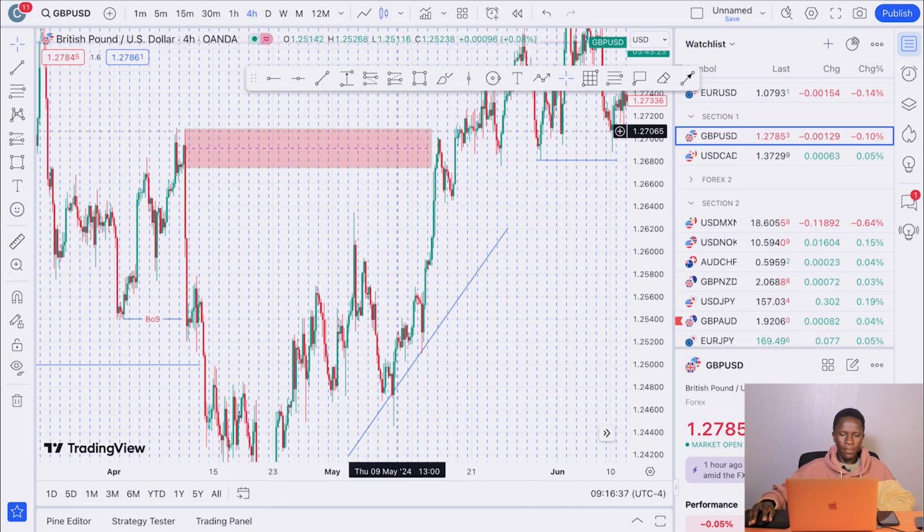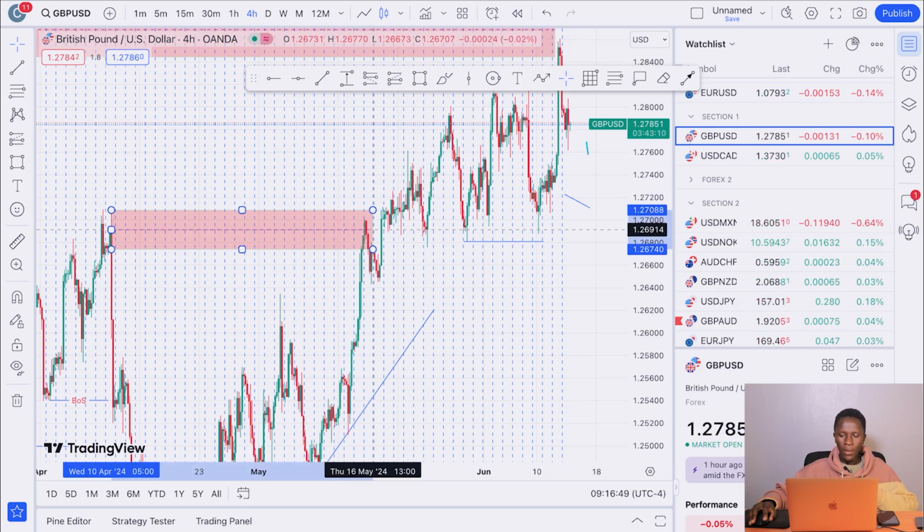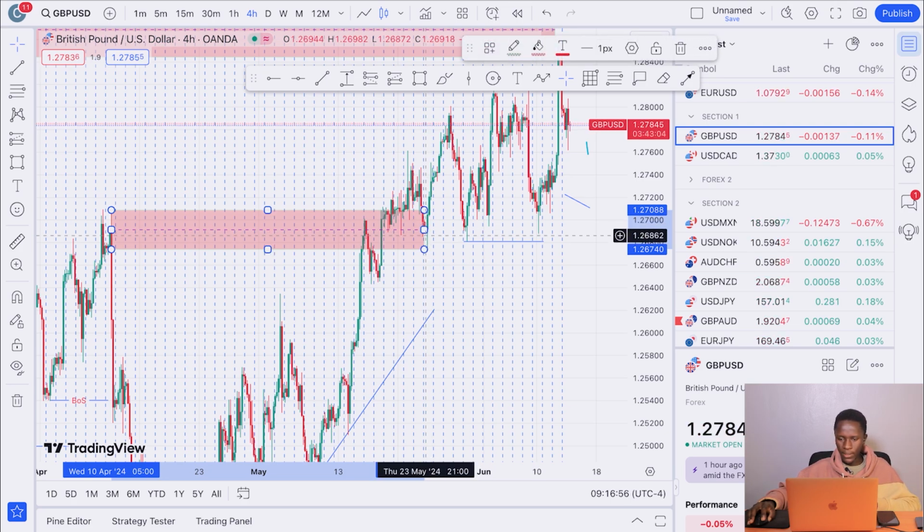So we expected the market to respect this, but after this being broken, to all those who know how to use the order block, we know once it is violated, it becomes a breaker block. So here the market broke through and came back and retested it, so it continued the uptrend.